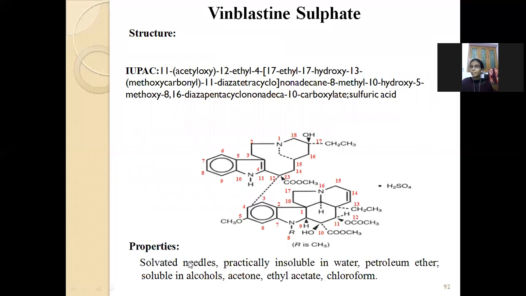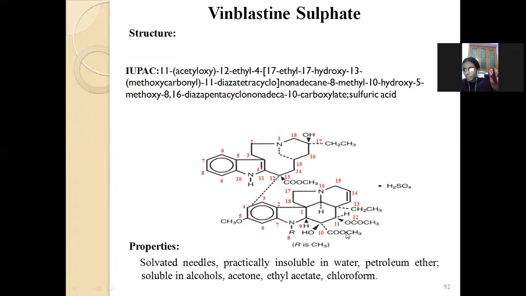Next, vinblastine sulfate, and this is the structure. The IUPAC name is 11 acetyloxy, 12 ethyl, 4 17 ethyl, 17 hydroxy, 13 methoxycarbonyl, 11 diazotetracyclononadecane, 8 methyl, 10 hydroxy, 5 methoxy, 8 16 diazapentacyclononadecane, 10 carboxylate sulfuric acid.